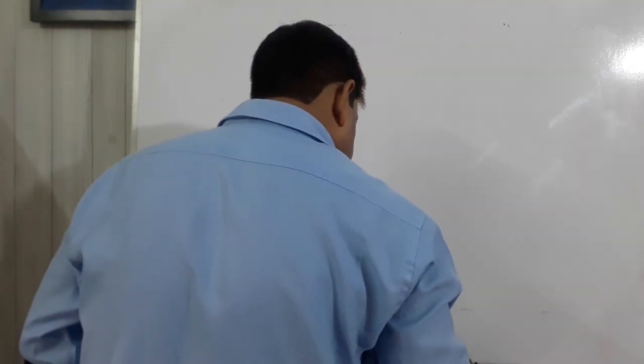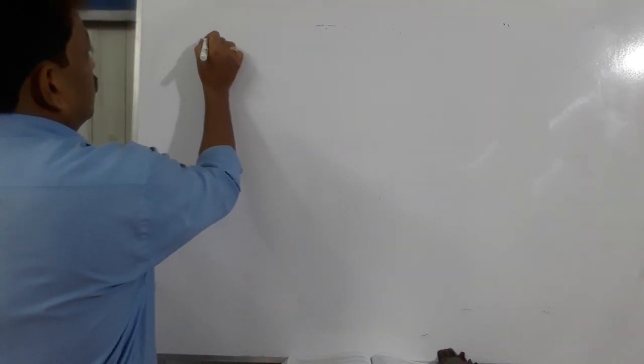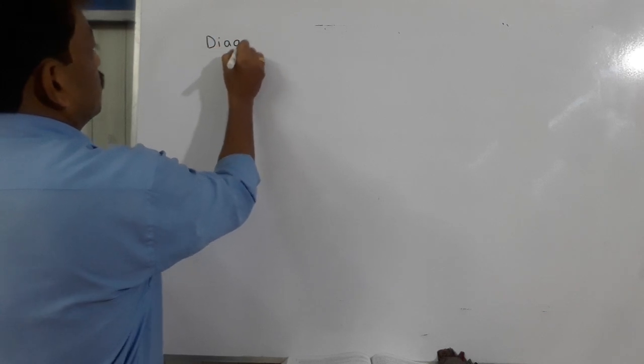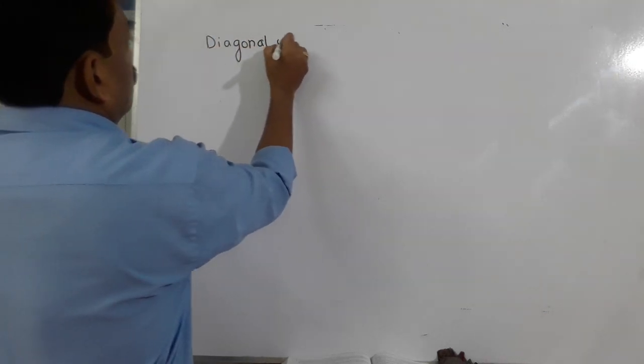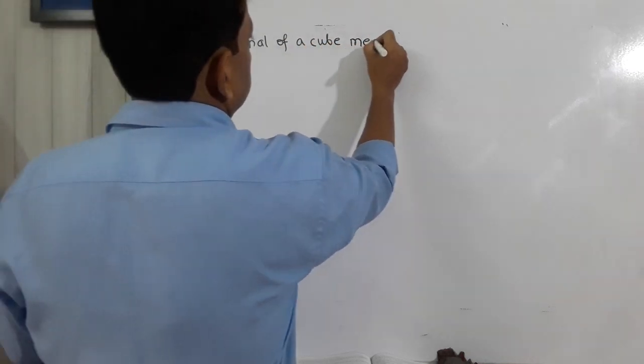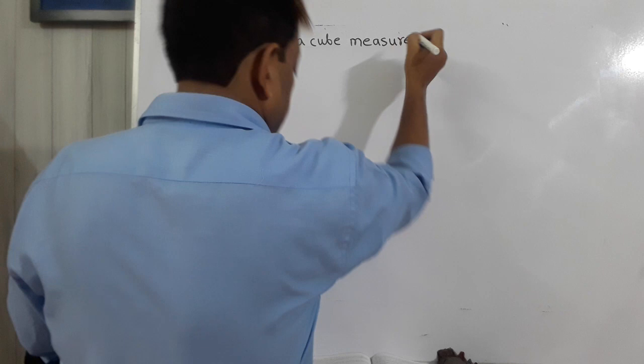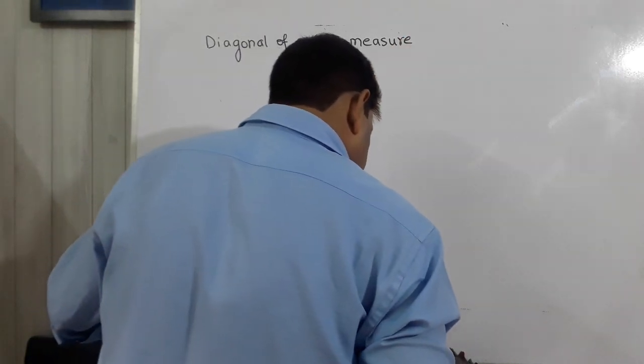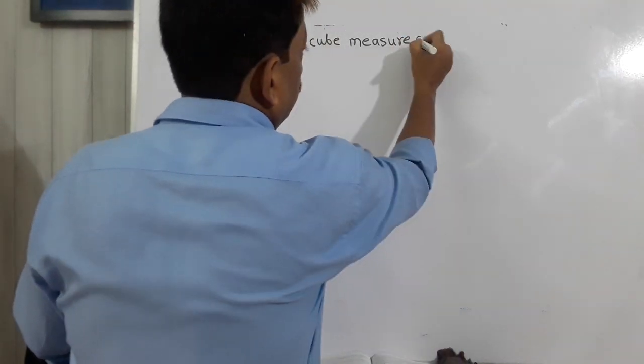It is given in the question, the diagonal of a cube measures 4√3 centimeter.